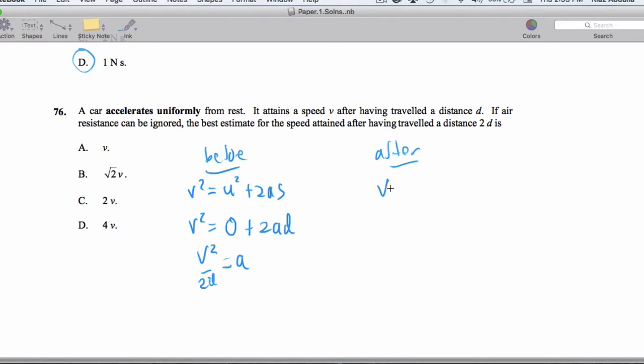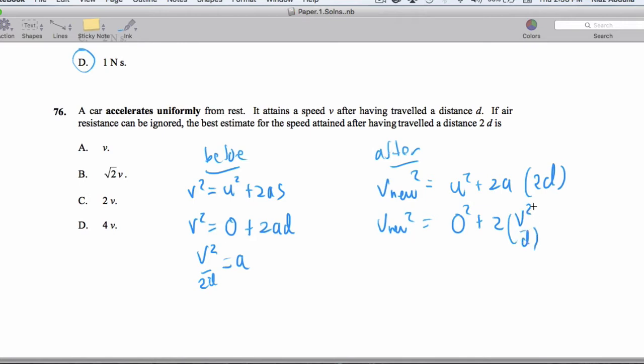Afterwards, v new squared is u squared plus 2a times 2d. And we compare. v new squared equals 0 squared plus 2 times, and for a, I'm going to put v squared over 2d, times 2d.